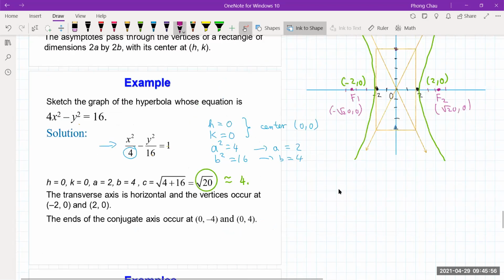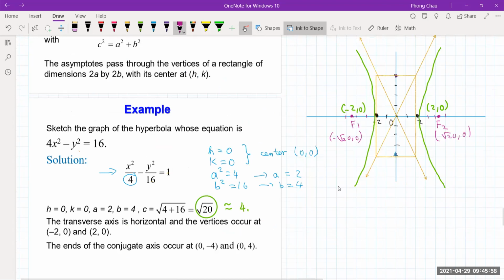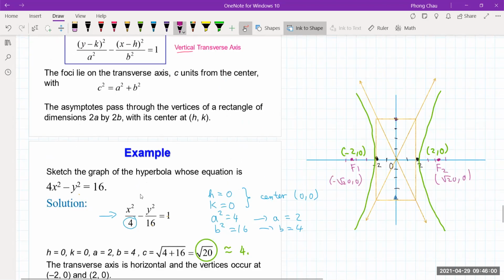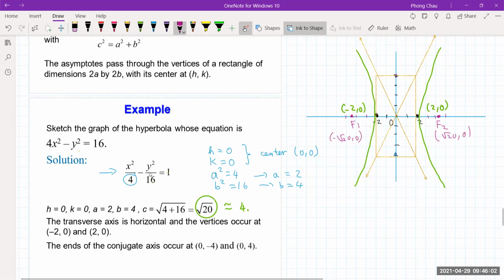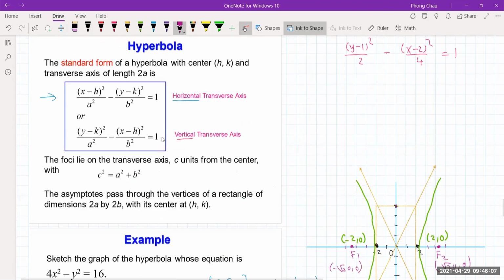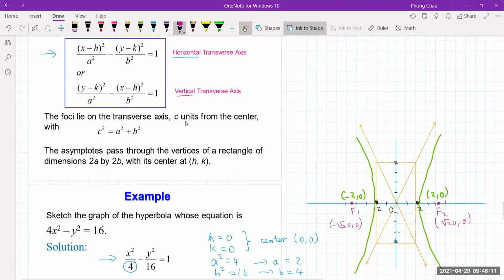Now, in these examples, we basically put it in a standard form, either hyperbola, parabola, or ellipse, and we identify those main features, especially the foci of the conics.